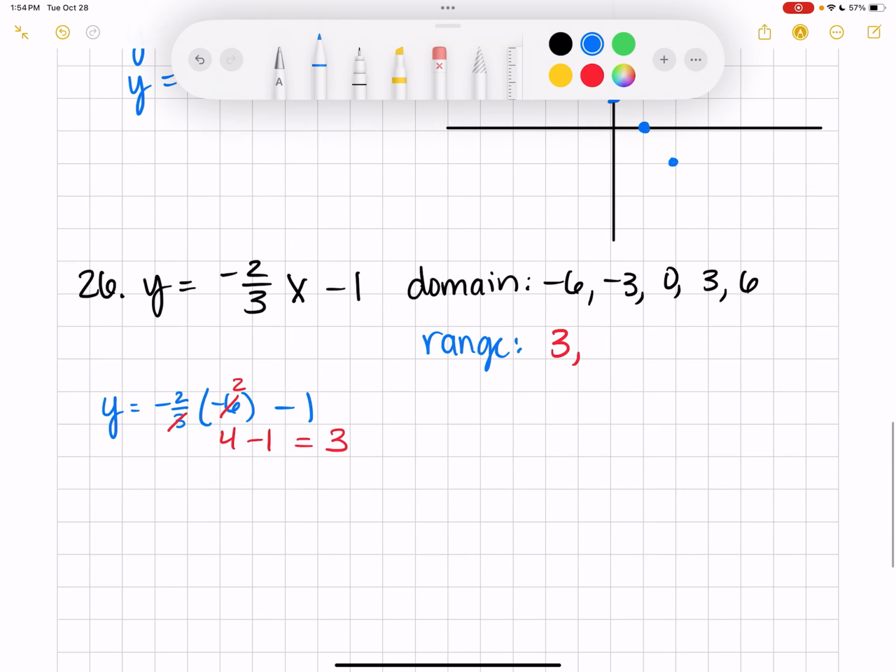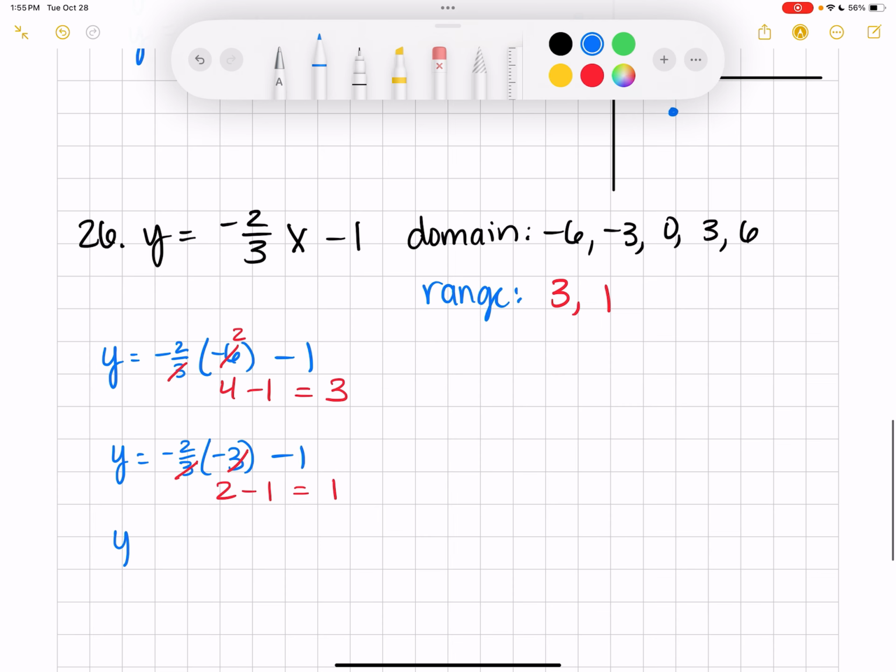Now I'm going to plug in -3. So I've got y equals -2/3 times -3 minus 1. 3 and 3 cancel. So I have -2 times -1. So that's a +2 minus 1 is 1. Plug in 0.